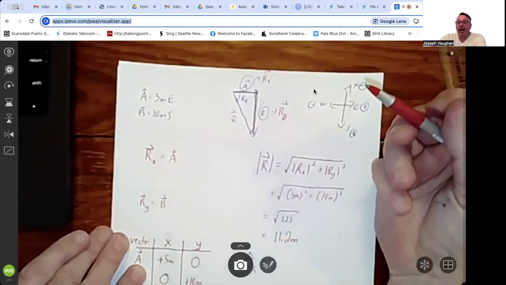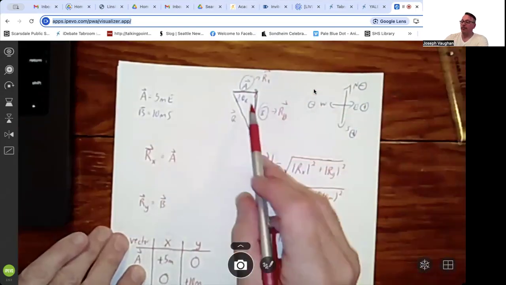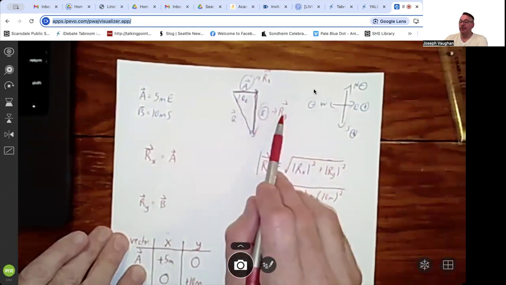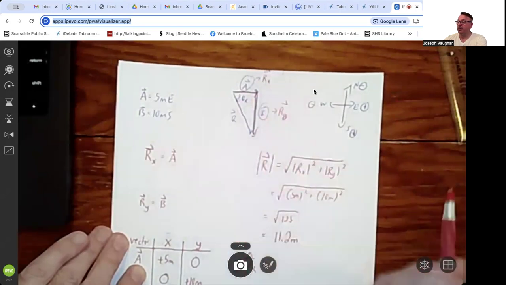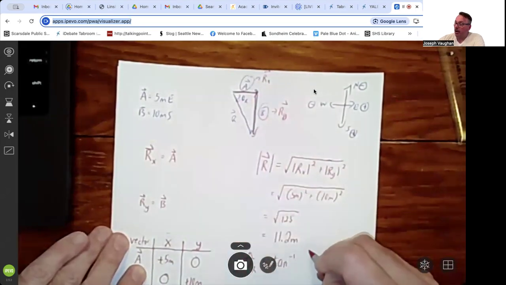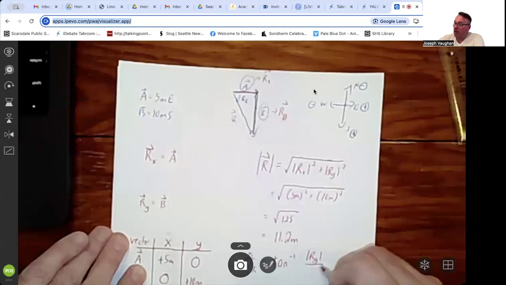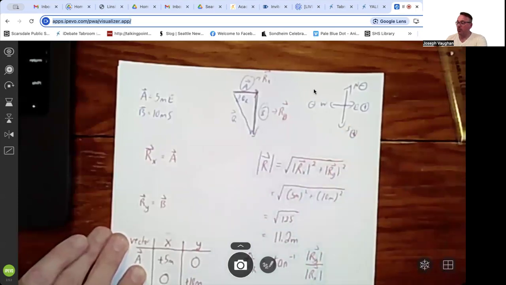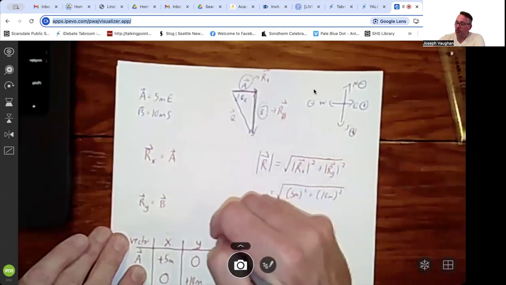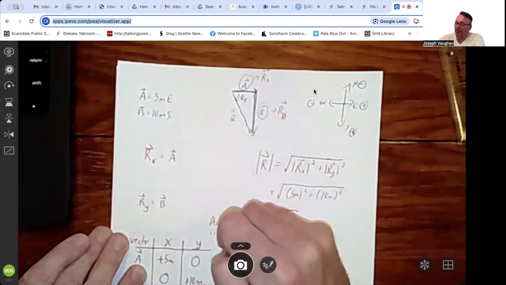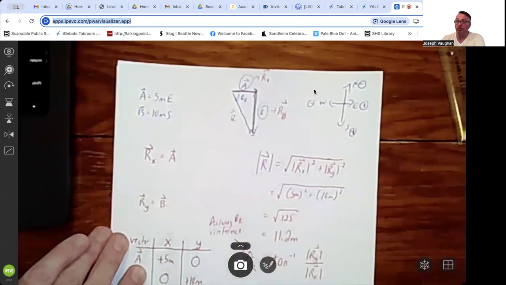As long as our angle is the reference angle, Ry is always going to be on the opposite side of that triangle, and Rx is on the adjacent side, meaning I can use the arctangent of the magnitude of Ry over the magnitude of Rx. I've got my little vector symbols here, in order to calculate that. Once again, this is assuming theta r is a reference angle, which we're going to assume.